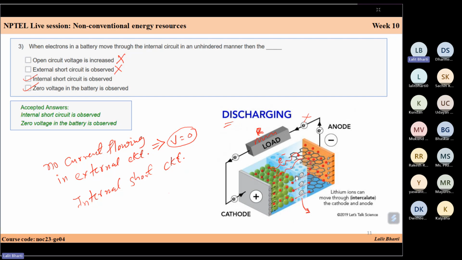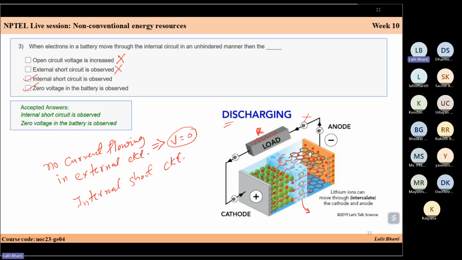The separator does not allow the cathode and anode to get in contact directly, so it should not short circuit. The electrodes are kept separate, and the purpose of the electrolyte is to move the ions from one side to another, because we want the flow of lithium ions. The electrolyte allows the flow of ions but not electrons, because electrons should flow in the external circuit.